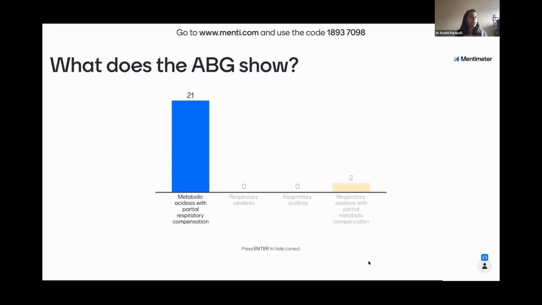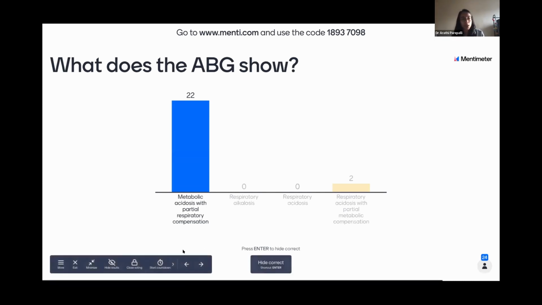So it's an attempt for the body to kind of bring your pH back into normal range. So that would be metabolic acidosis with partial respiratory compensation because your pH is still deranged, but your PCO2 is sort of making an effort to bring that pH back. So what do you think the most likely diagnosis in this instance is?